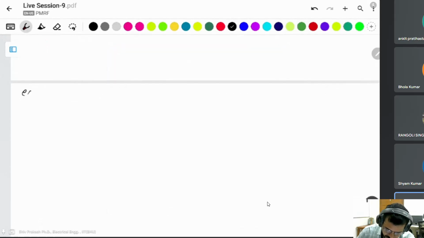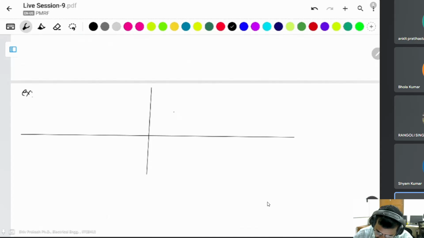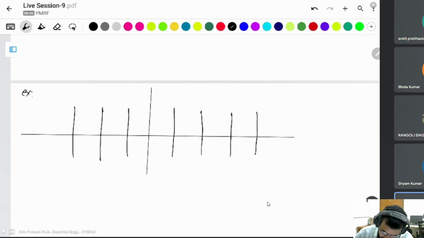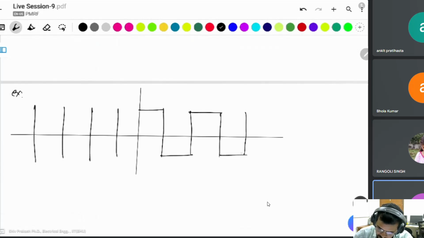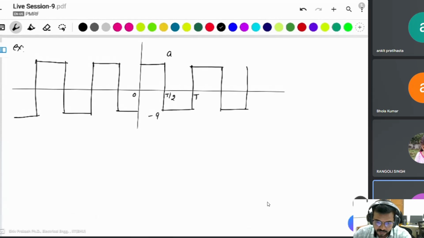For example, if you have a signal from minus a to a, this will be half T by 2, this will be T. Now can you calculate all of these things?